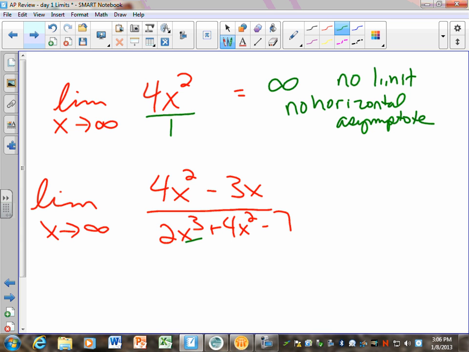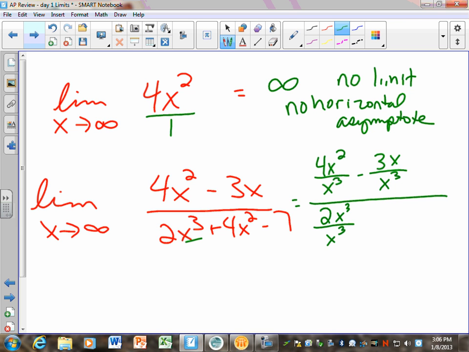And so watch what happens. I would get 4x squared divided by x cubed minus 3x divided by x cubed, over 2x cubed divided by x cubed plus 4x squared divided by x cubed minus 7 divided by x cubed.